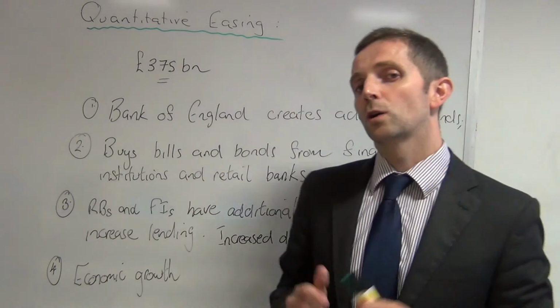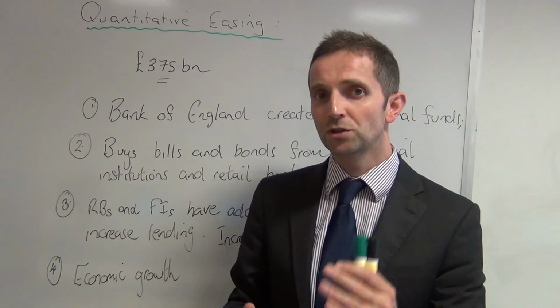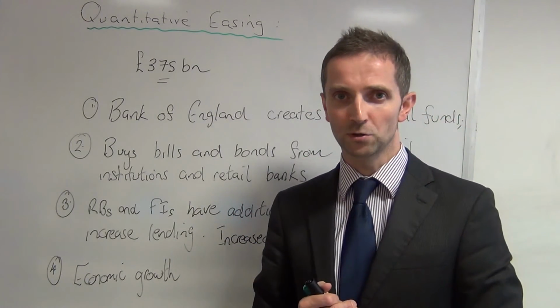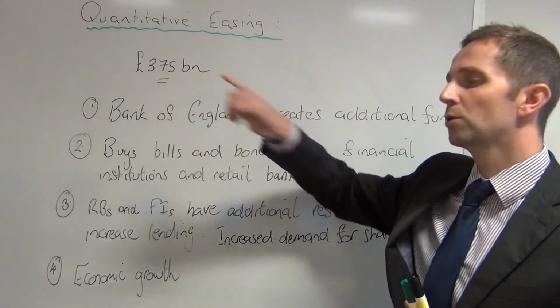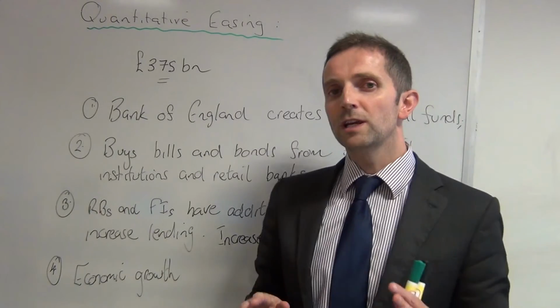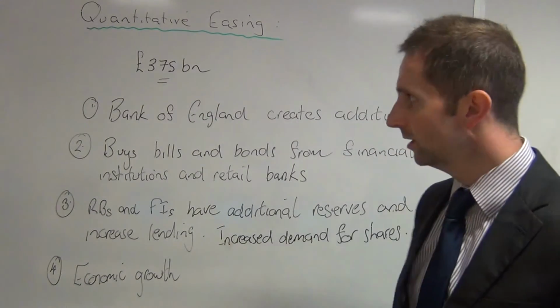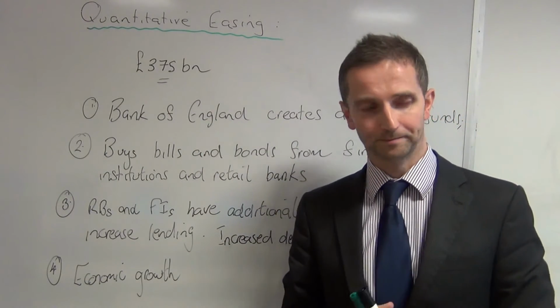And so quantitative easing was another lever which could be used to try and increase GDP growth in the UK. So we've had 4 rounds, and currently in the UK economy we are sitting on £375 billion worth of additional funding into the UK economy in the form of quantitative easing.